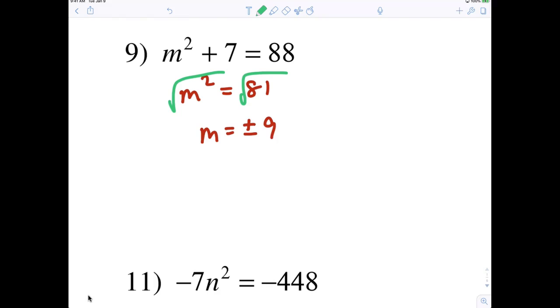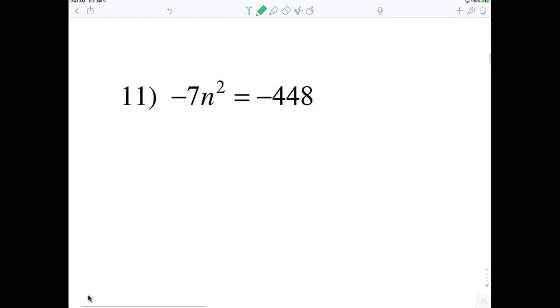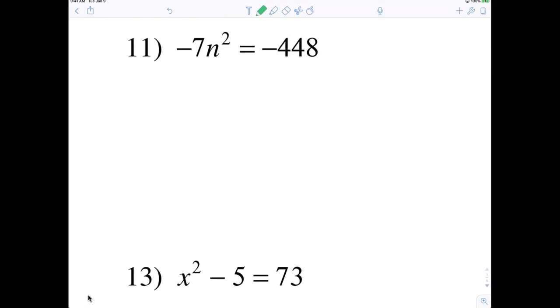Does everybody agree with me? All right. So now somebody tell me n squared is equal to what? So n is equal to what? Nope.